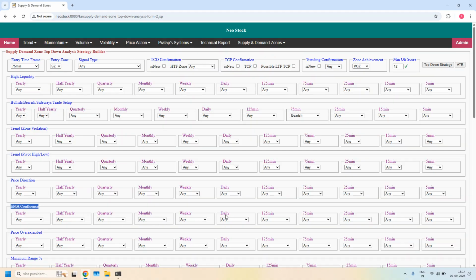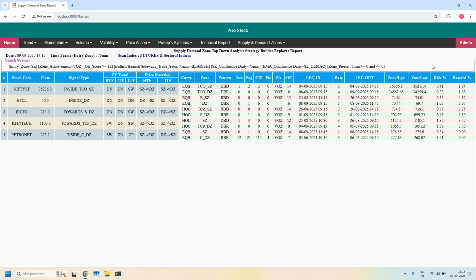The EMA confluence at daily time frame, I am checking daily supply zone with daily EMA. Let's filter. We got 5 stocks. So these 5 75-minute supply zones might have more high probability to get success, provided less than 20 checklist items are satisfied. Otherwise, there are higher chances of zone violation.